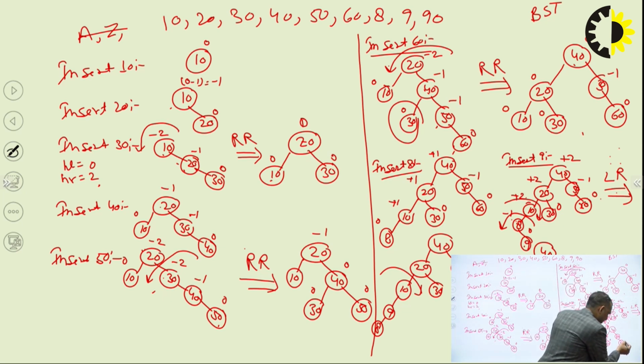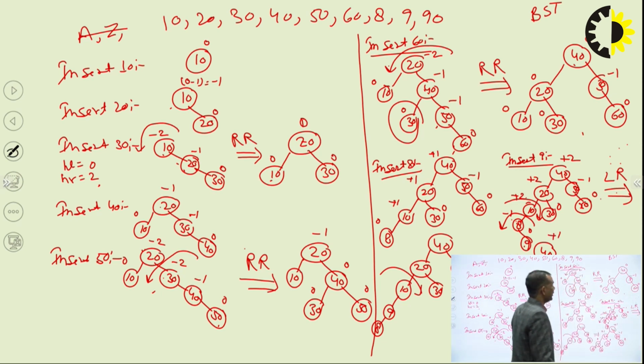Now we find the balance factor: 60 is 0, 50 with left height 0 and right height 1 is -1. 40's left height is 3. We have to find the height, the levels 1, 2 and 3, here it is 1 and 2, so 3 minus 2, that is +1. Clear?